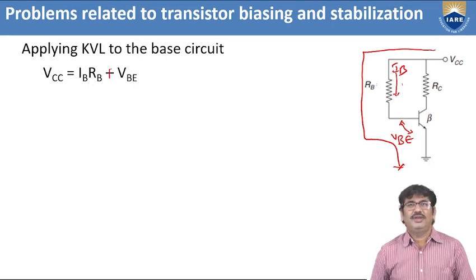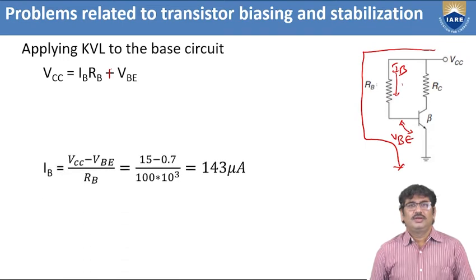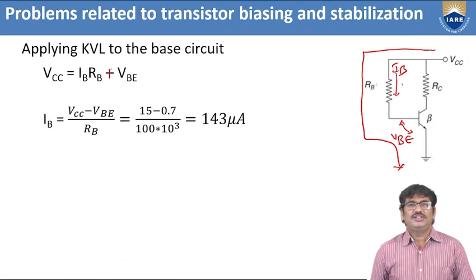From this, the base current we can extract as VCC minus VBE divided by RB. In the problem, VCC is given as 15 volts, VBE is 0.7, RB is 100 kilo ohms. By substituting, we get 15 minus 0.7 divided by 100 into 10 power 3, which gives us 143 microamperes.